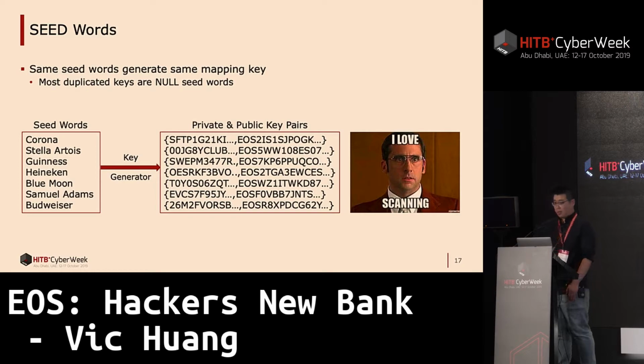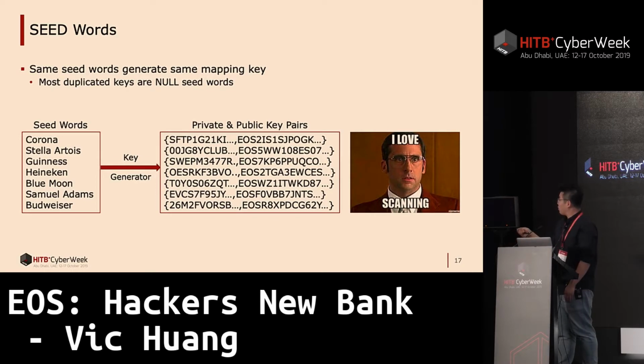After we generate the list, we scan the whole EOS. You can view transactions on EOSX, which is like Etherscan or something.